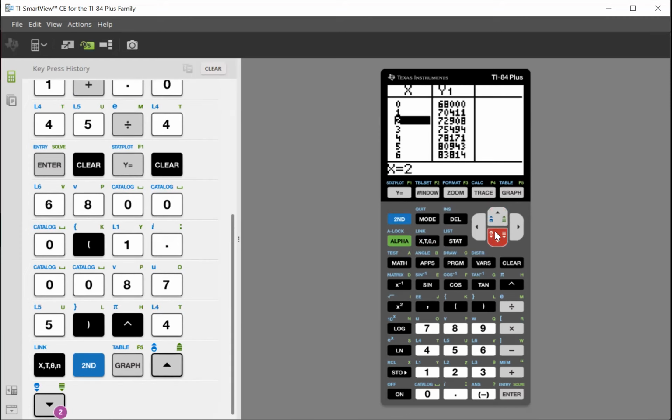Next, I had to figure out 7. So let me arrow down to 7. At 7, I had 86,786. And then it wanted me to go to 10. So 8, 9, and 10. At 10, I have 96,350.